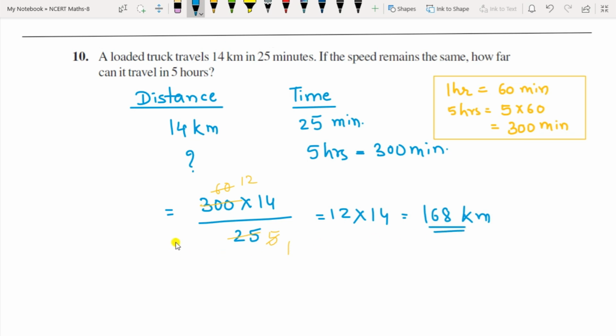Okay, so if the speed remains the same, then the loaded truck will travel 168 kilometer in 5 hours.